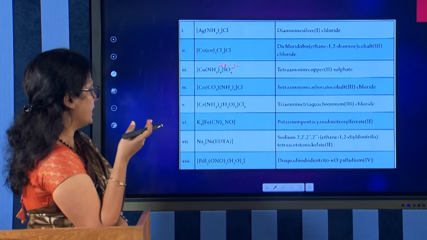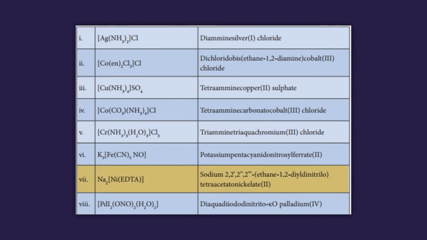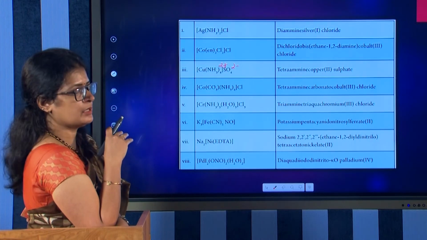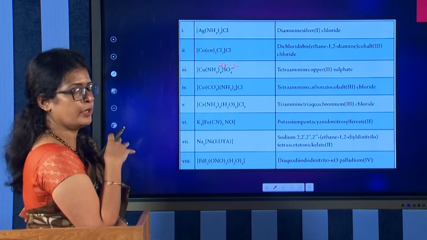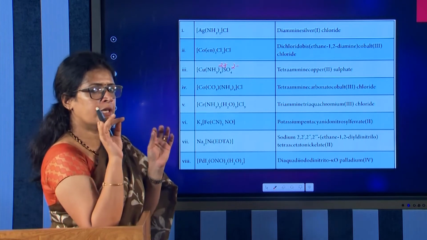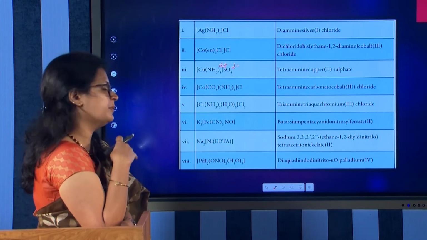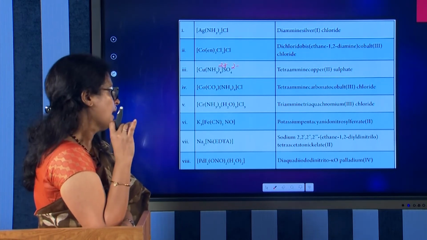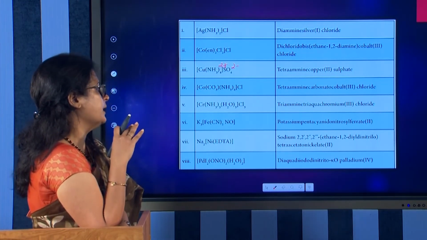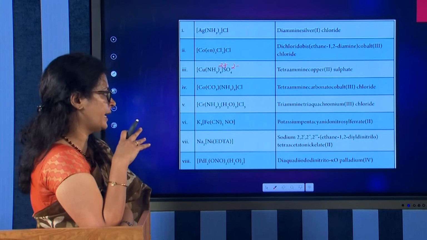And now coming to the next example, Na2[Ni(EDTA)]. Here the cationic part is Na, sodium, and the coordination sphere is having an anionic part. So, first we have to name the cationic, that is sodium, and now the naming of the ligand is like this.